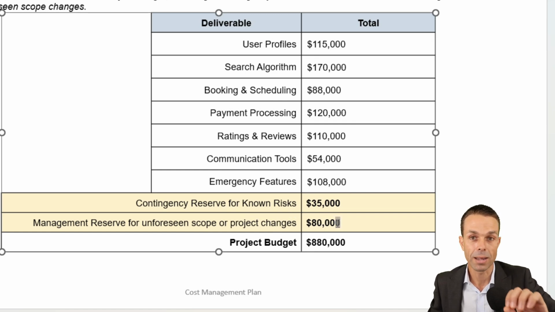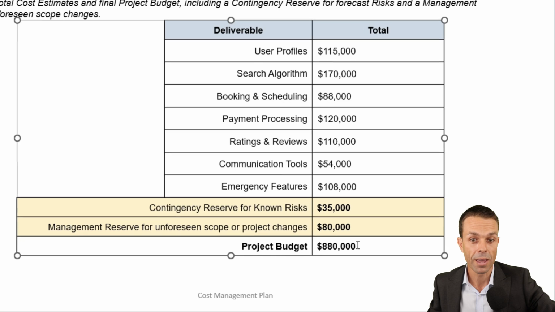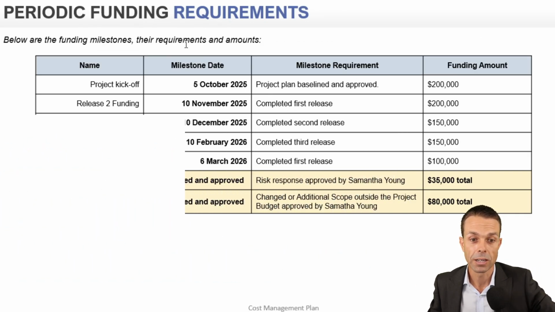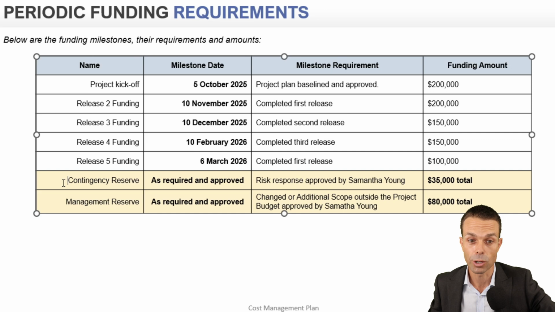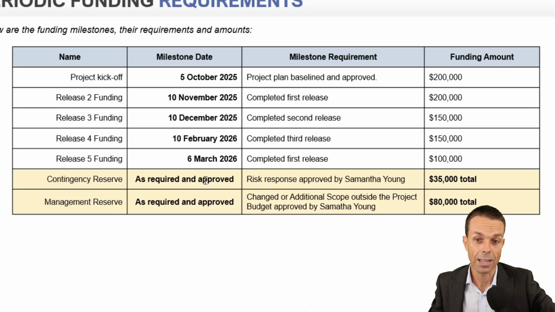Now, we don't get that money automatically, but it will go into our overall project budget, making it $880,000. But what we're going to do is have periodic funding requirements. So for our contingency reserve and management reserve, that will need to be approved and only used as required.